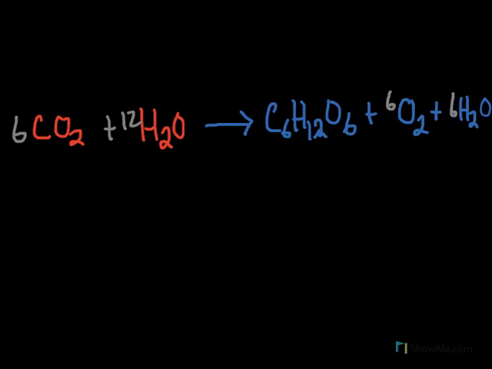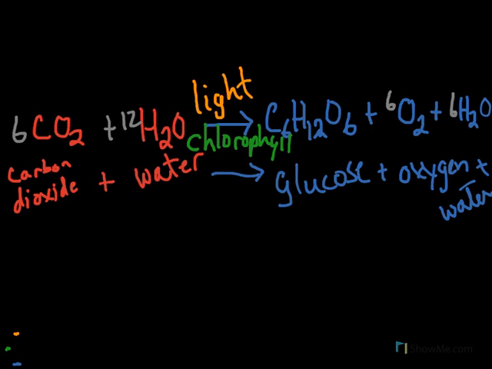Okay, so here's our formula for photosynthesis, a little bit cleaned up, and we've got to put our names in for our molecules here. Carbon dioxide plus water with the energy from light and absorbed by chlorophyll gives us glucose, oxygen, and water.